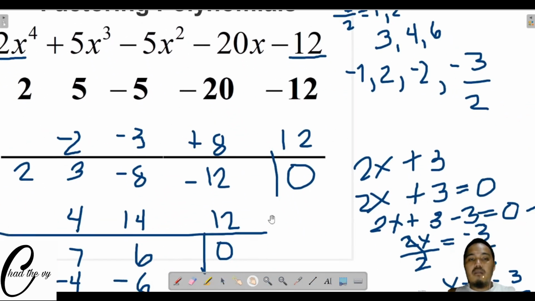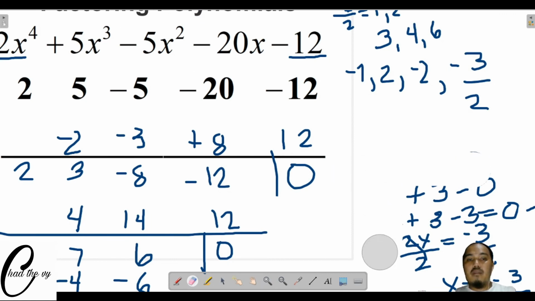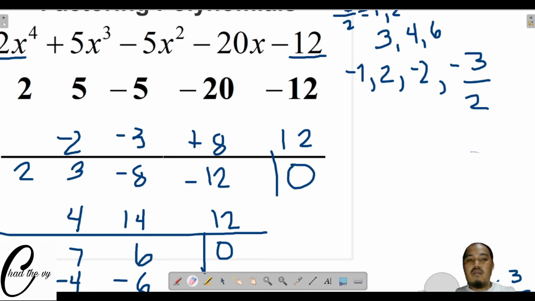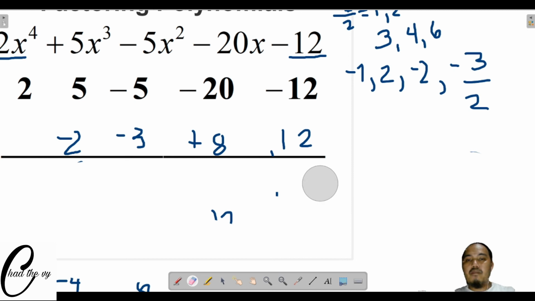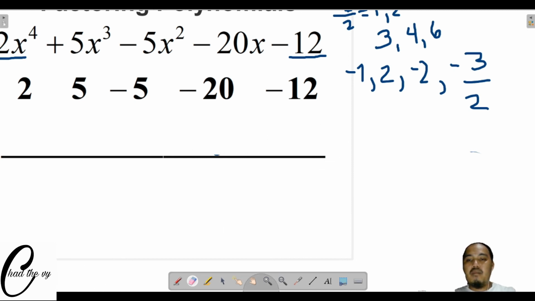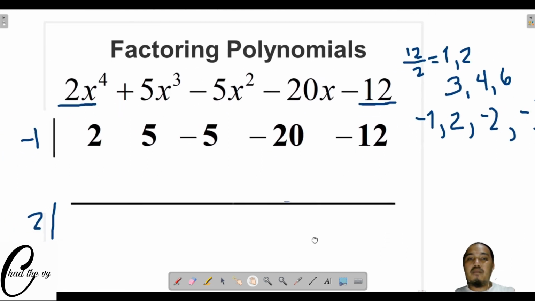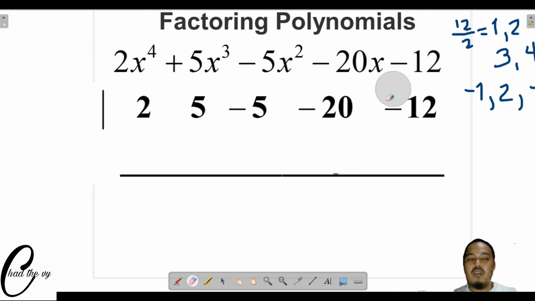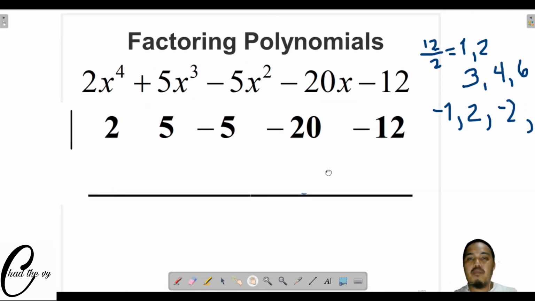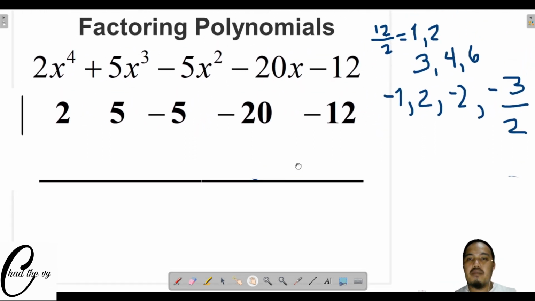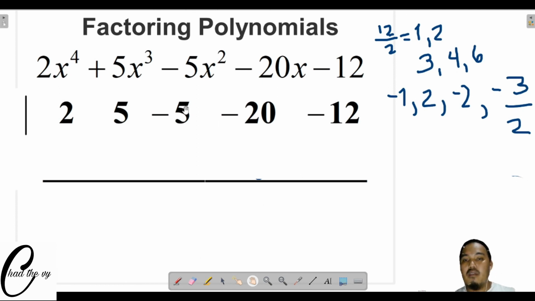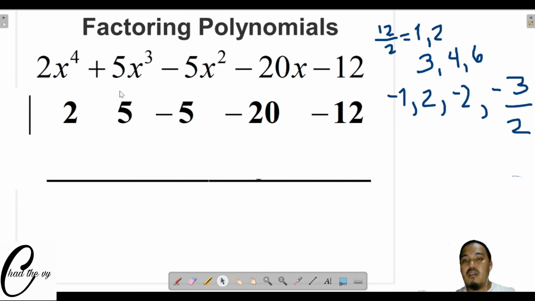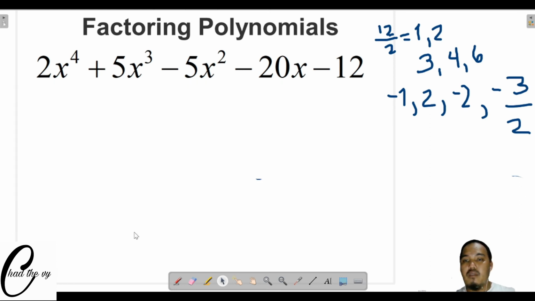Burahin muna natin ito. Ngayon, isusulat natin yung factors.